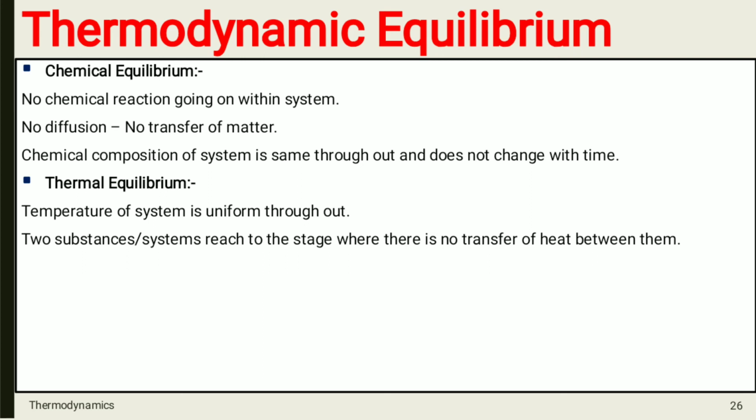This is called chemical equilibrium. Thermal equilibrium you have studied earlier, but for information I can read it again. The temperature of the system is uniform throughout. Two substances or systems reach the stage where there is no transfer of heat, and this is called thermal equilibrium. This is all about your third lecture.